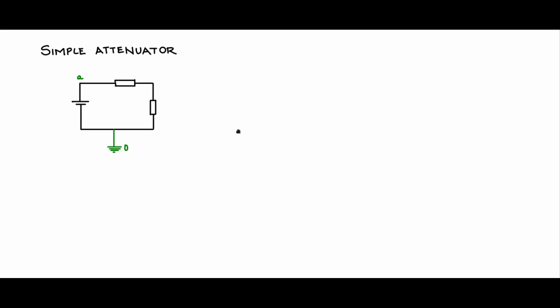We will call this node A and this node B. Let's say the source is V1, and we will do the simulation for 100 volts, and this is R1 and R2. We will vary the values of the resistances R1 and R2 in the simulation. Let us see how we will put it into a circuit file and call NgSpice and execute the simulation.